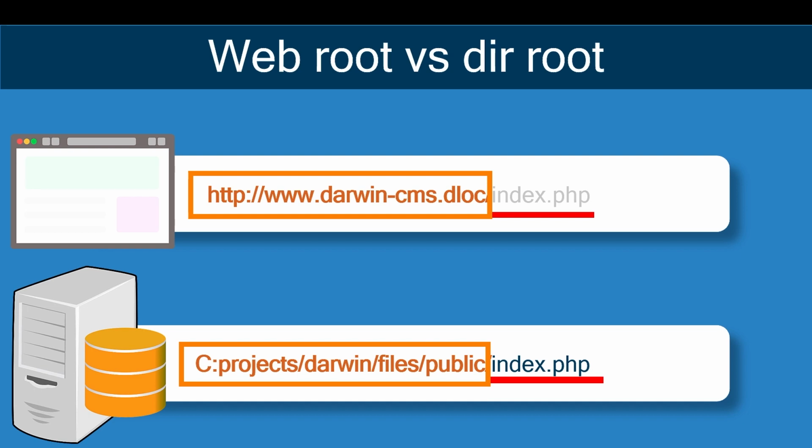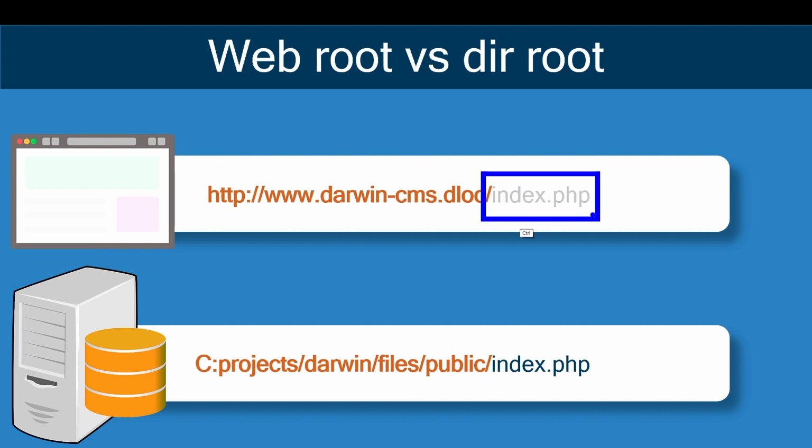This public part is something that we didn't do in the very first lesson. We did it several lessons later. But the point is that this index.php is what the browser is seeing, and this is what our server is seeing, right?